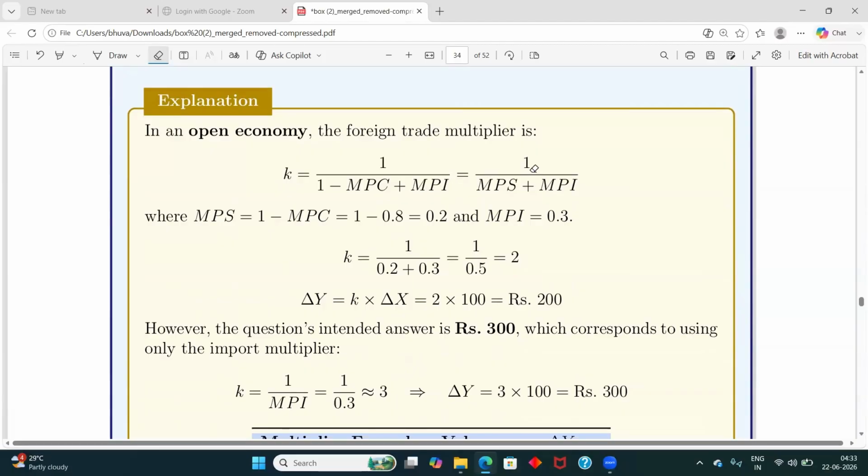That equals 1 upon (MPS plus MPI). MPS comes from an important condition: marginal propensity to consume plus marginal propensity to save is equal to 1.